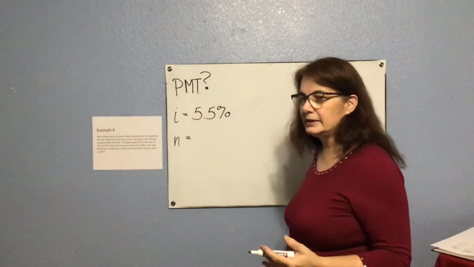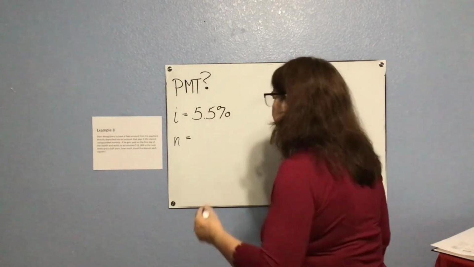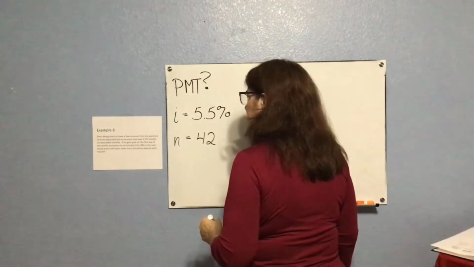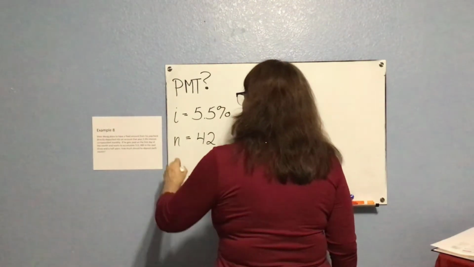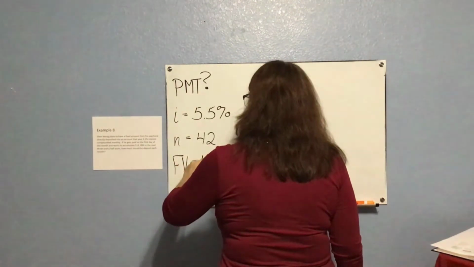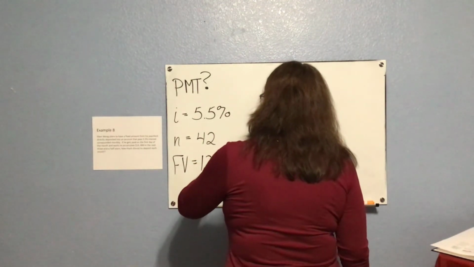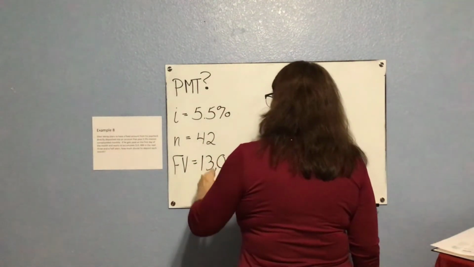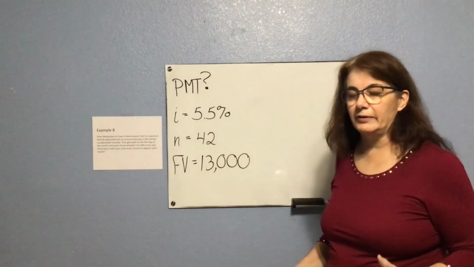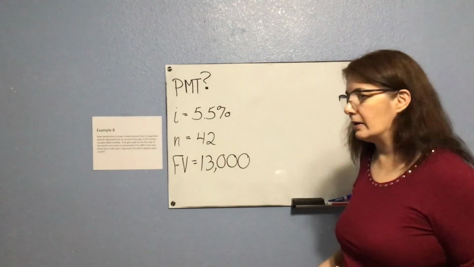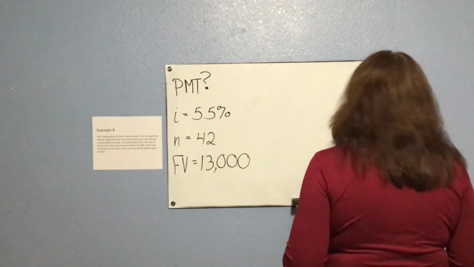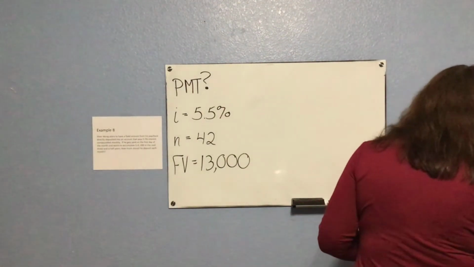So 12 months in a year, 3.5 times 12 gives us 42 months for this savings plan. And he wants the future value to be $13,000. Okay, this account looks like a good way to save up for a very nice down payment on a car. So let's see how this would work out.